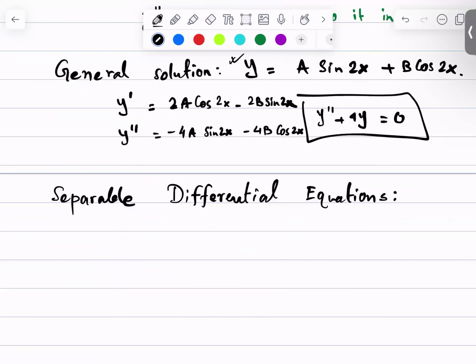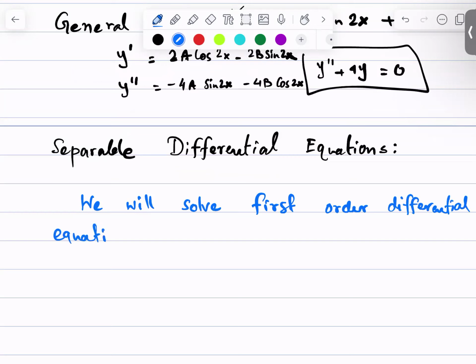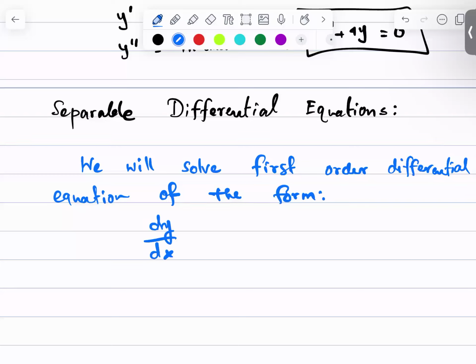Now the next thing that I want to discuss is separable differential equations. Okay. So in this, we will solve first order differential equations of the form dy over dx is f(x) g(y).